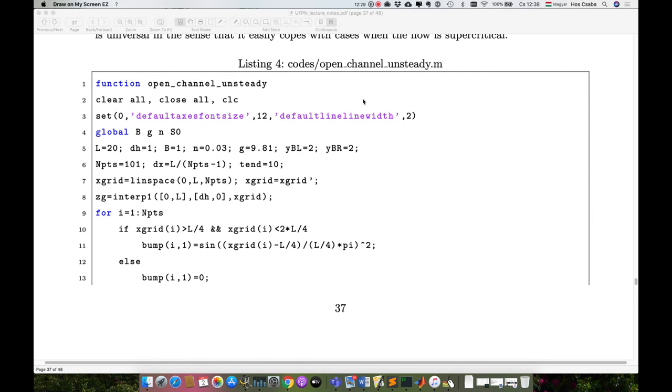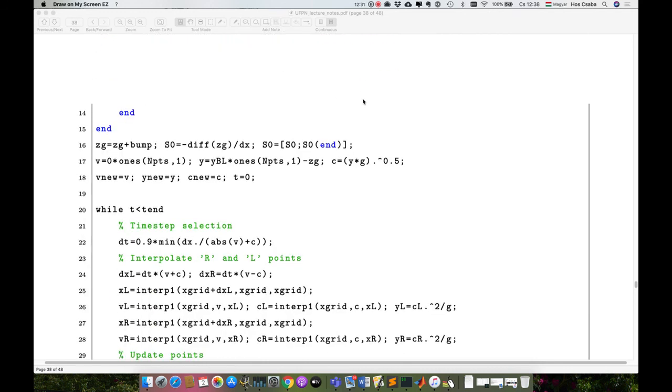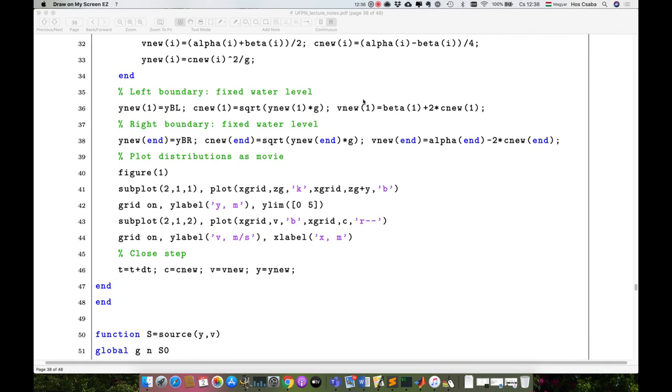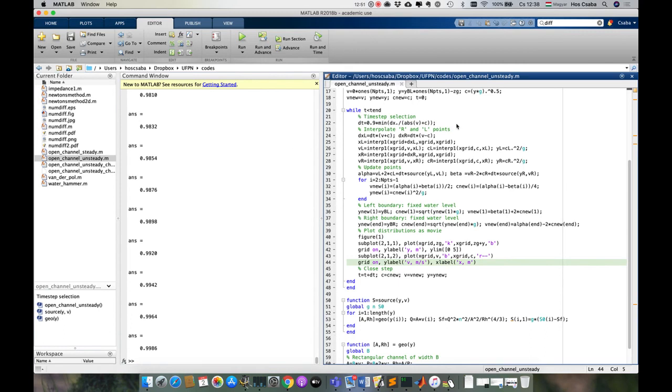Okay. So here I've added another case, open channel unsteady. This is another MATLAB simulation. You can run it, and you will see, because the parameters were chosen in such a way, that this characteristic lines-based solver is absolutely happy with having hydraulic jumps.